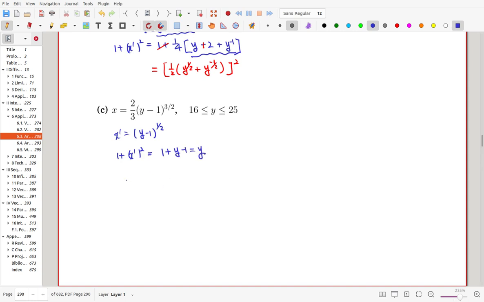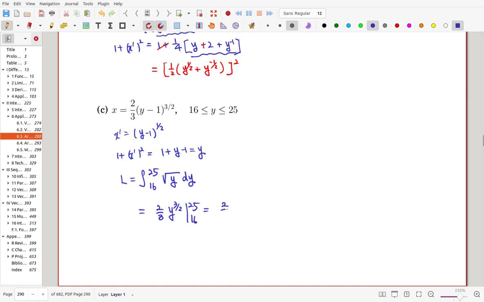Quite simple. So here the arc length is the same as the square root of that, but anyway, lower bound is 16, upper bound is 25. 16 to 25, and the square root of y dy, right? So that is the same as y to the 3/2 times 2/3, that is the antiderivative, from 16 to 25.